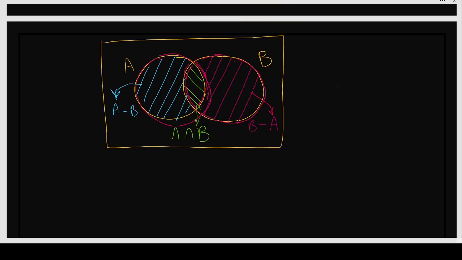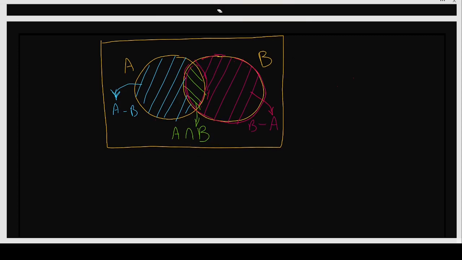So, did you observe this? This A and this B. This red portion is B minus A and the blue portion is A minus B. And this in between, the green one, is A intersection B. Three are mutually exclusive.